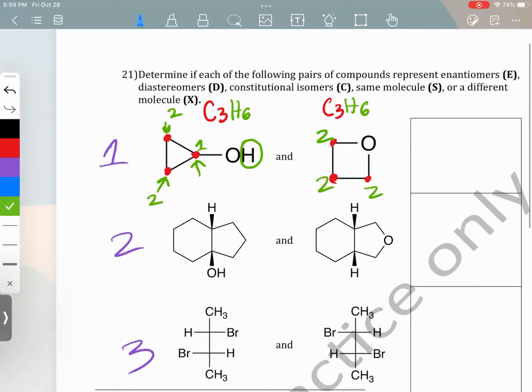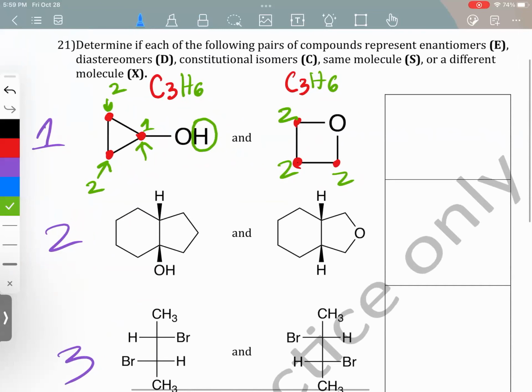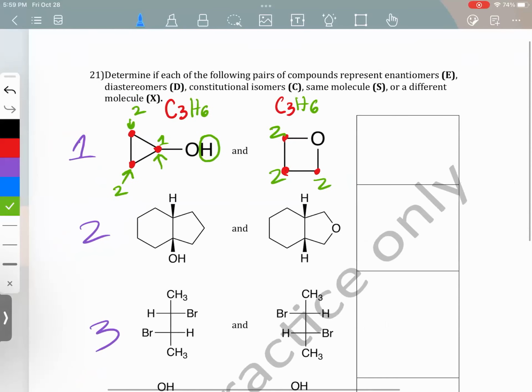Now, we can tell that they're not identical, because they have the same molecular formula, but one has a cyclopropane, while the other is just a cyclic structure with an oxygen as one of the ending attachments. So that means they're what? Constitutional isomers. Right. So we'll put C in this box.